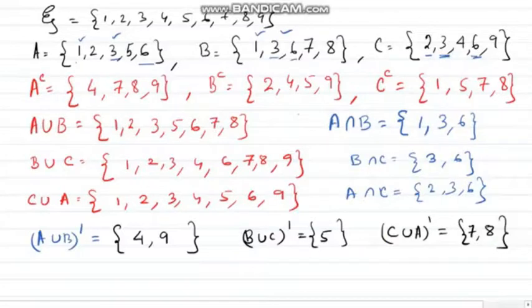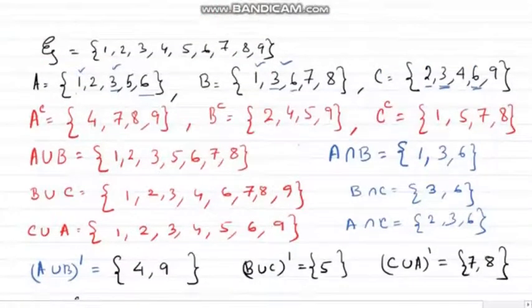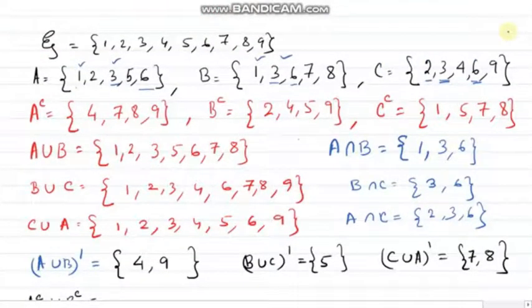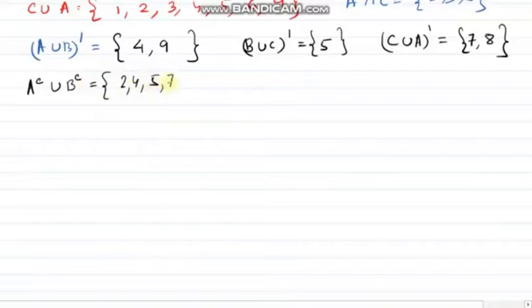Now if I have to find A complement union B complement, just check, it will be 2, 4, 5, 7, 8, 9, right?